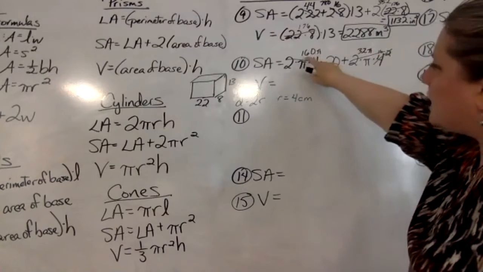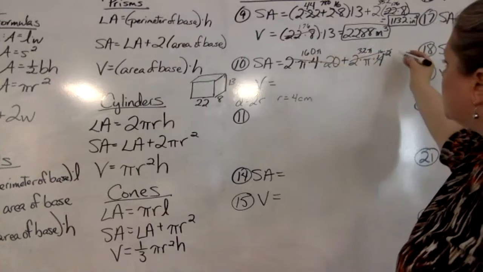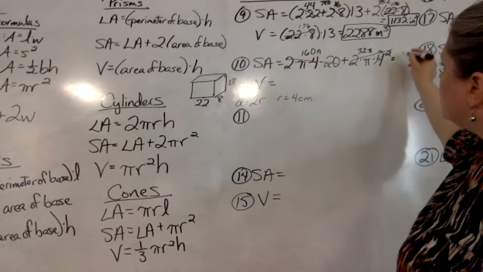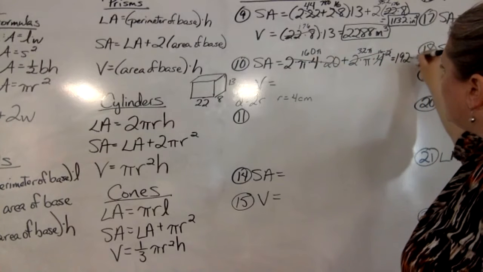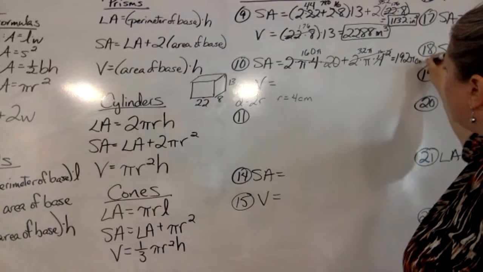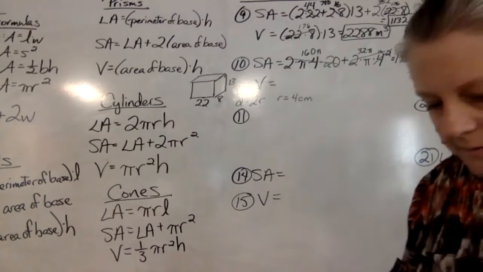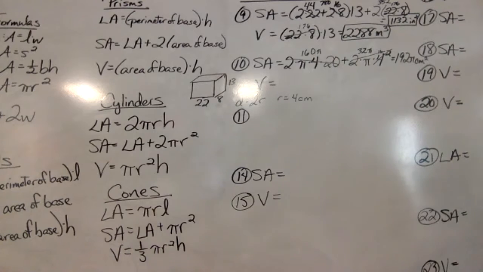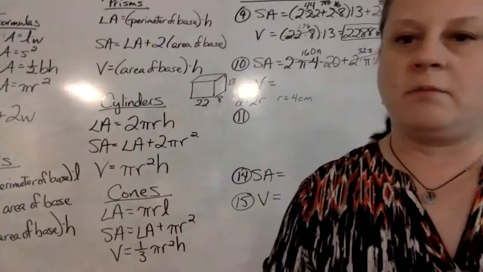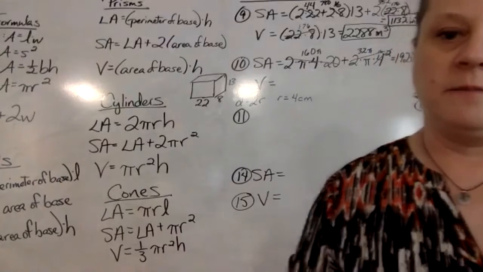And then I add my lateral area and my circle area together. So I get 192 pi, and then I believe it was centimeters on this one, so it's 192 pi centimeters squared. Because remember, most of the time when we were dealing with pi, we just leave pi in our answer. We don't try to put in 3.14 or anything. We just leave it.